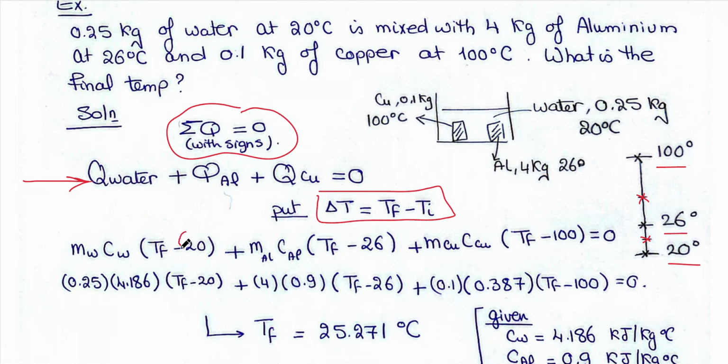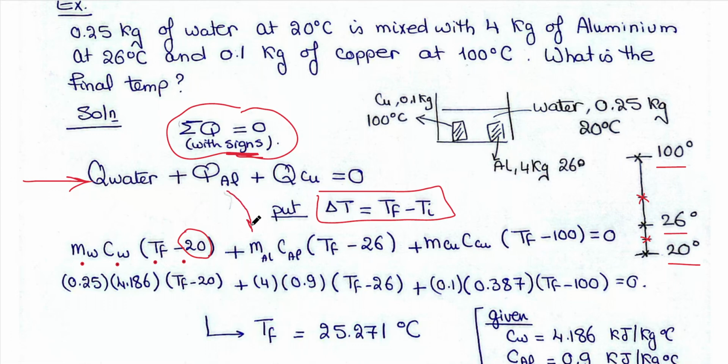You will use the T initial of water, which is 20, and T final, whether it is bigger or smaller, I don't care. I will always put T final minus T initial, because here I'm using heat energy with its sign. So m water, C water, T final minus T initial of the water.